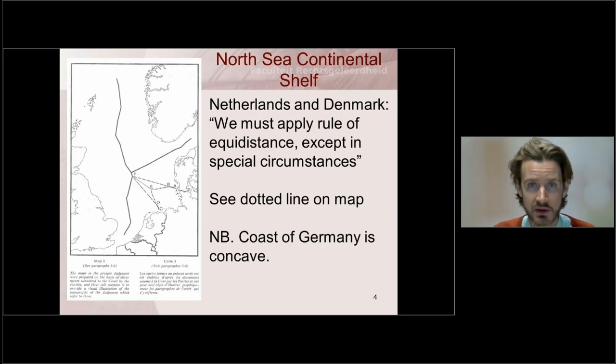Because the German coast is concave, is hollow, if you apply the equidistance rule, as you see reflected in the map, have a look at the dotted line, you see that Germany actually gets very little of the continental shelf. So the court was asked which of these two propositions to follow.